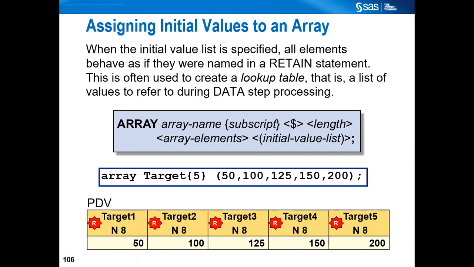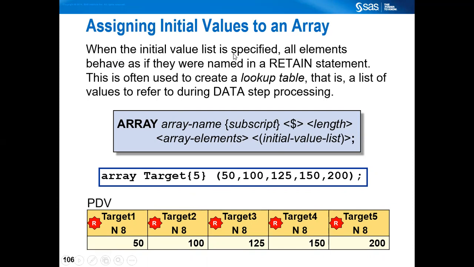So every time a new data step iteration is processed, these values will not get initialized to missing. Why? Because they are already provided. They are the values written with your target column, which are the initial values. Hence those values are available throughout your data step.